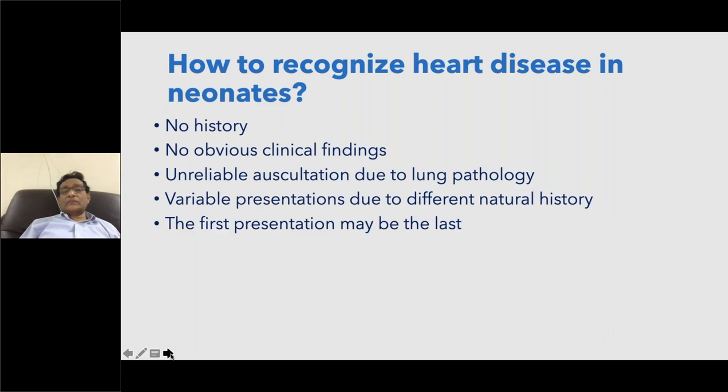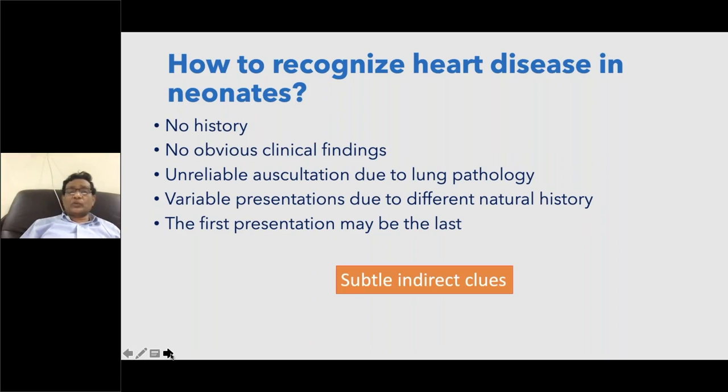And the first presentation may be the last. For example, a baby presenting with severe stridor may have a double aortic arch, and if you intubate, the baby will never come out unless you operate. Several times we miss all these things. That's why recognition with the subtle clues is very, very important. That is what we need to emphasize.